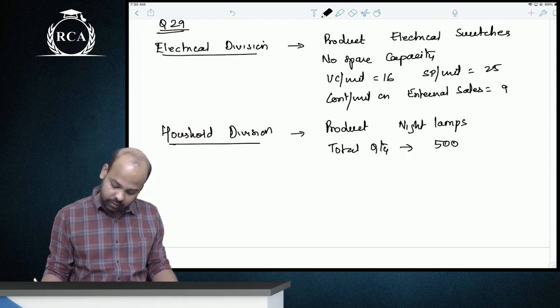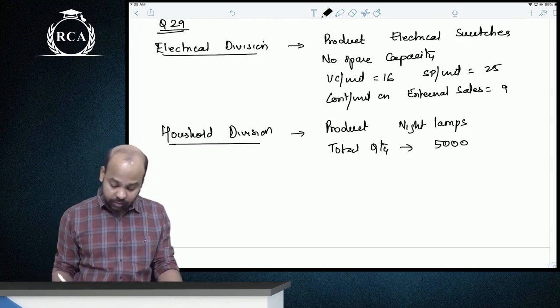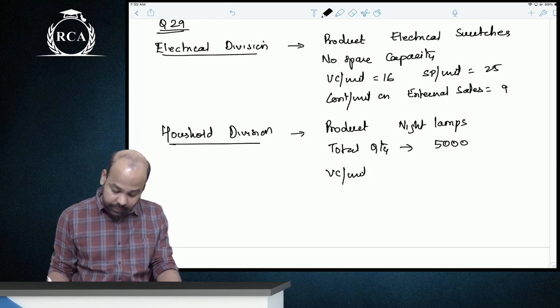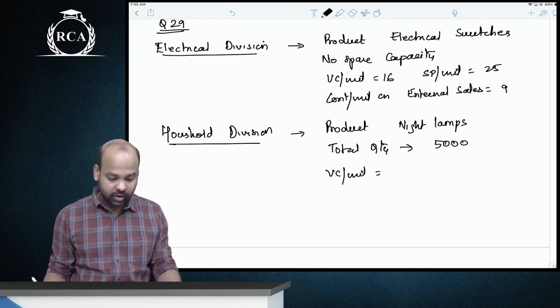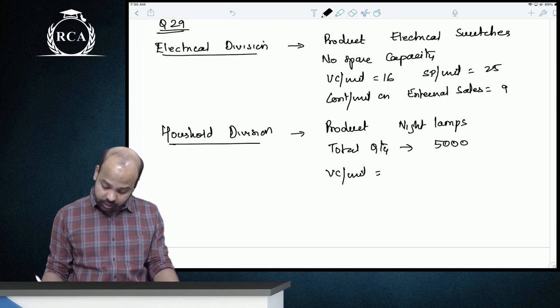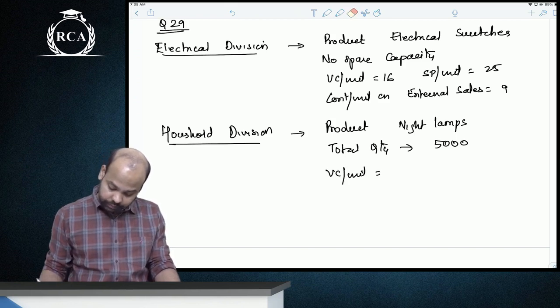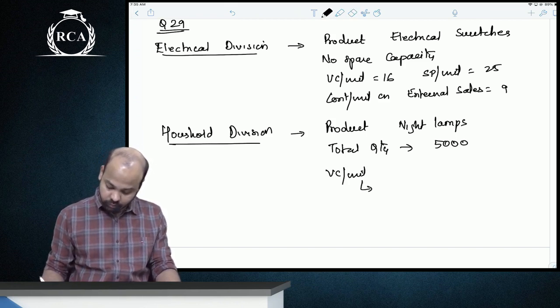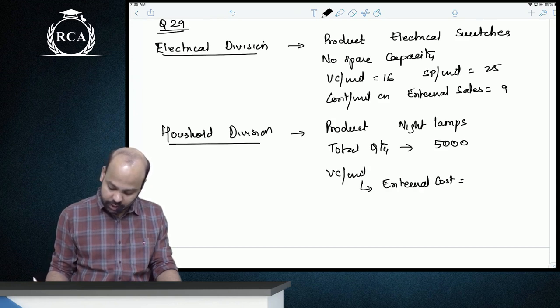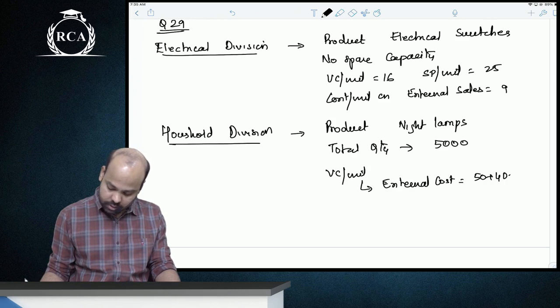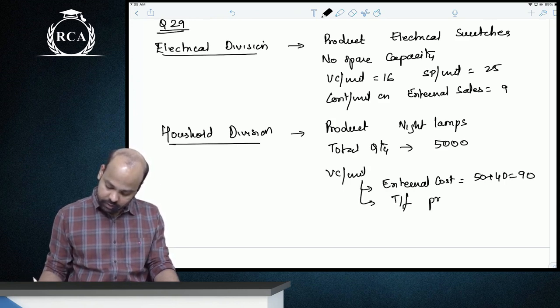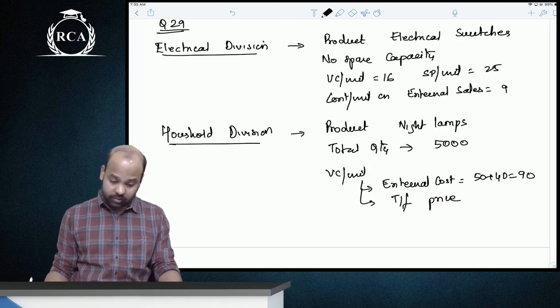If you talk about their variable cost per unit, the external cost would be 50 plus 40, 90 rupees, plus whatever is the transfer price. This would be the total variable cost.